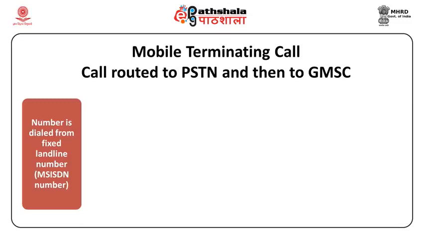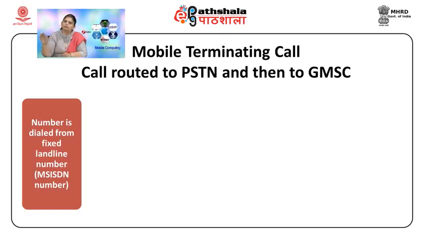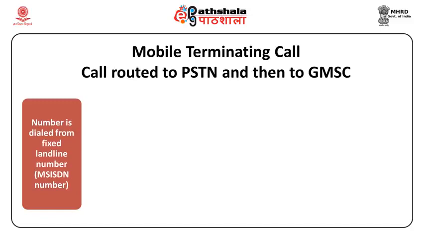Throughout the network the IMSI number flows, but it is not known to the outer world; it is only local to the network, and the network uses it for the purpose of identifying the subscriber. So, whenever a call is made to the mobile user, it will be only the ISDN number.